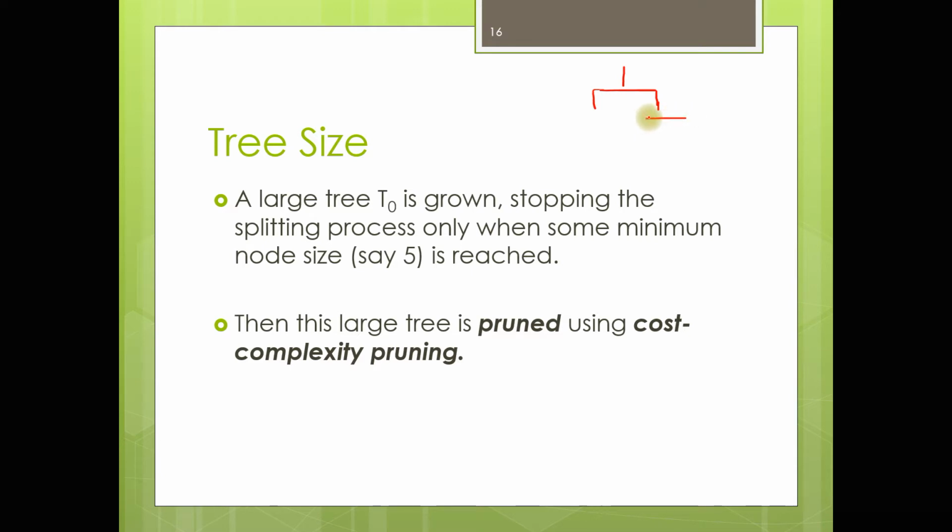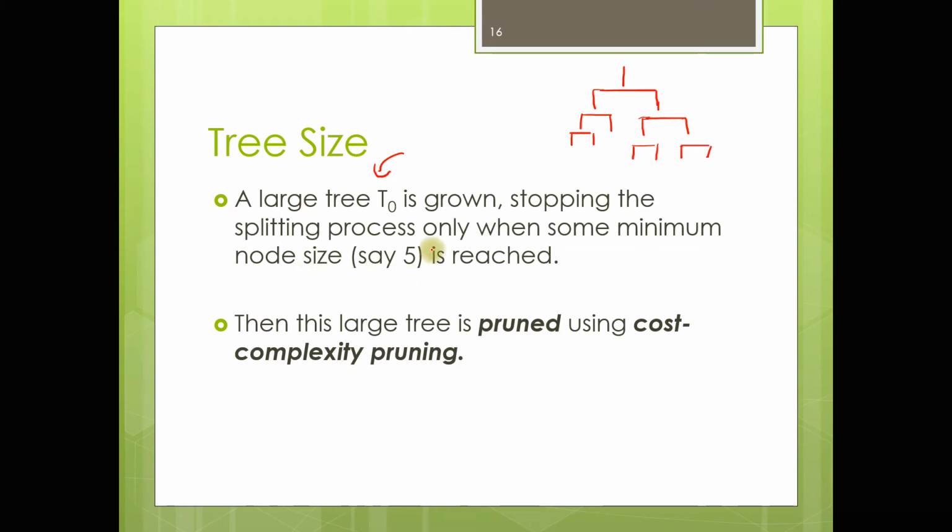We will define the tree T0 as a large tree. By going through the procedure that I explained last time, the tree will continue to grow up to a certain point. What point? It depends on a stopping criterion that you decide to have for the tree to grow.